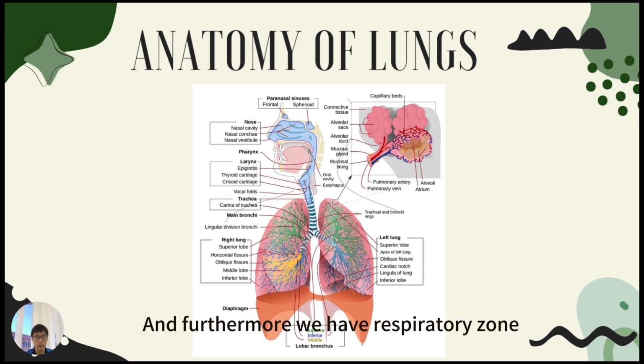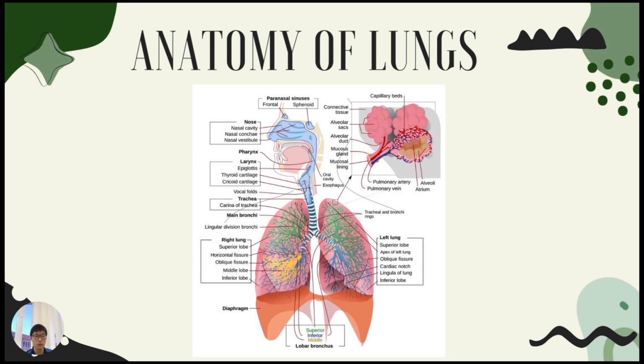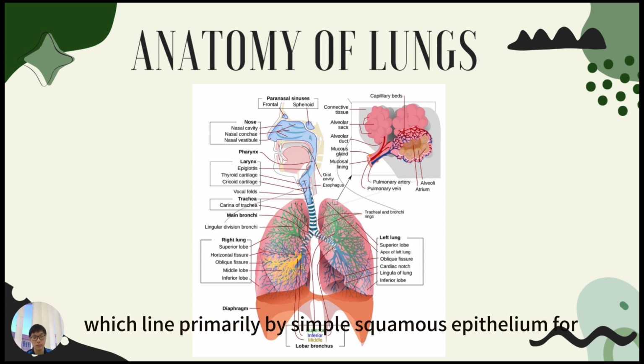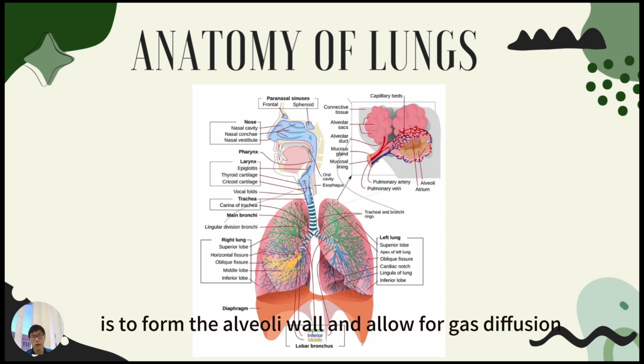And furthermore, we have respiratory zone, which is from the respiratory bronchioles to alveoli, lined primarily by simple squamous epithelium for gaseous exchange in alveoli. And we have two types of pneumocytes, type 1 and type 2 pneumocytes. Type 1 pneumocytes function to form the alveoli wall and allow for gas diffusion.